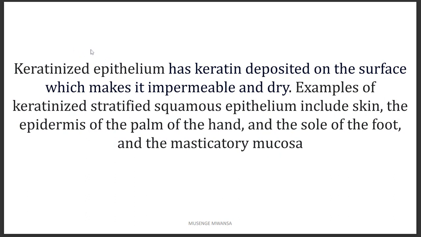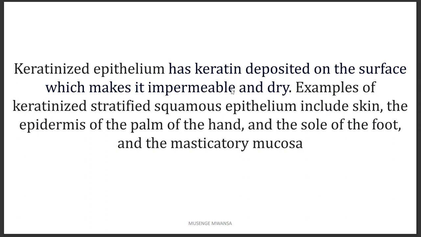Again, we can have this epithelium having keratin, so we call them keratinized epithelium, which have keratin deposits on the surface, which makes it impermeable and dry. So you don't want keratin in portions such as the mouth, where you need it not to be dry, although the mouth can have some portions, right?